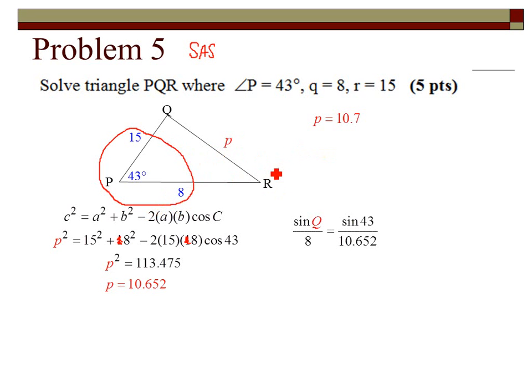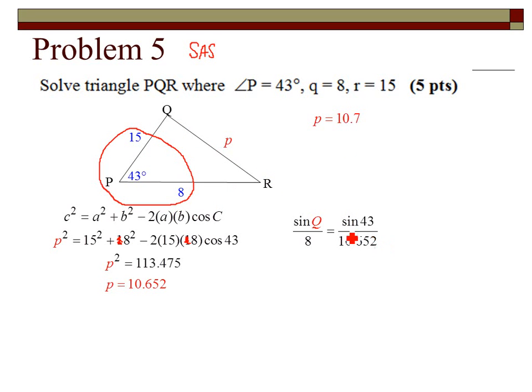Okay, so when you do law of sines to find a missing angle, try to find the smallest one. 8 is smaller than 15 or 10.7, so I'm going to try to find angle Q, even though it looks bigger on the diagram where I drew it. So sine of Q over 8 equals sine of 43 over the answer I just found.